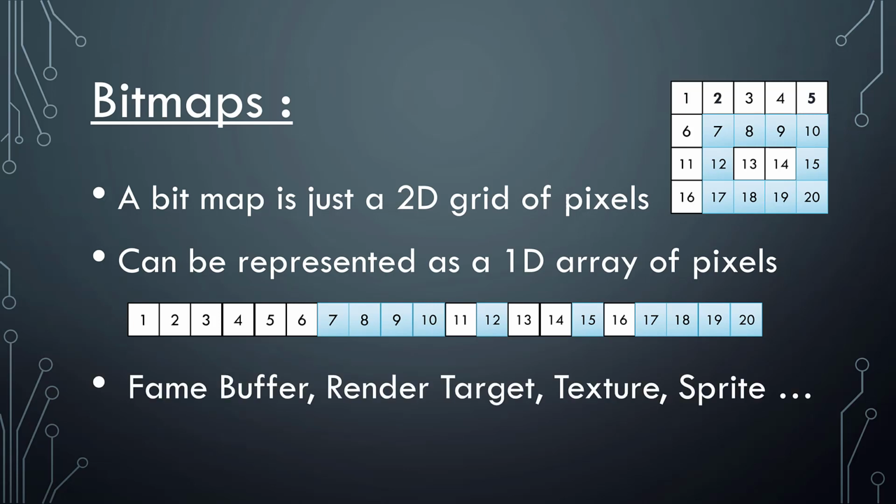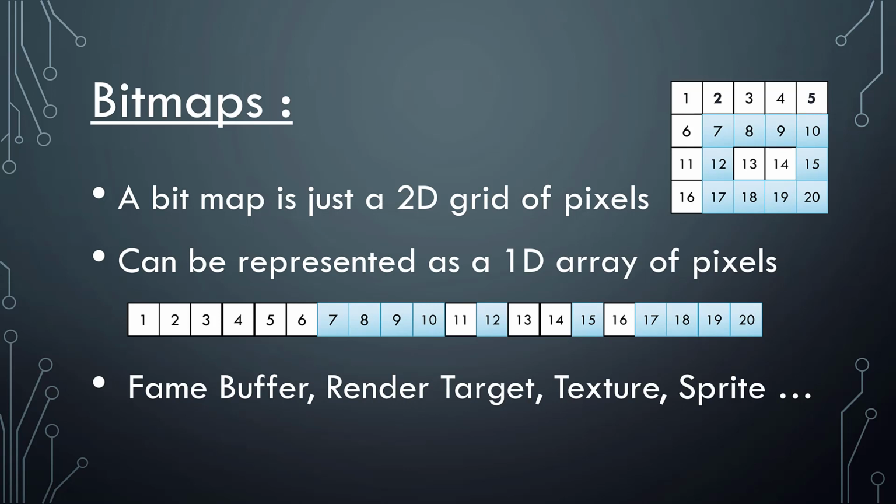There can be all kinds of bitmaps that have different names. What ends up happening is that the concept of a two-dimensional grid is such a ubiquitous construct that can be used for so many different things that they started having different names and terms to refer to a particular usage of a bitmap for a particular purpose.